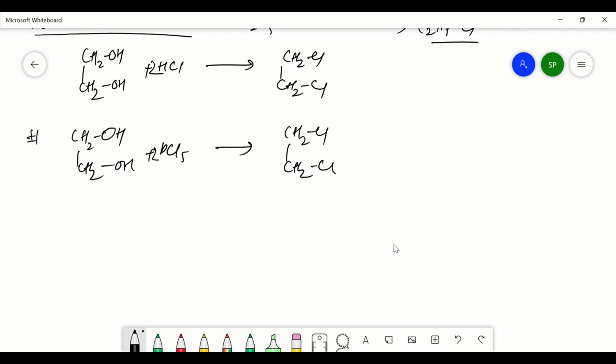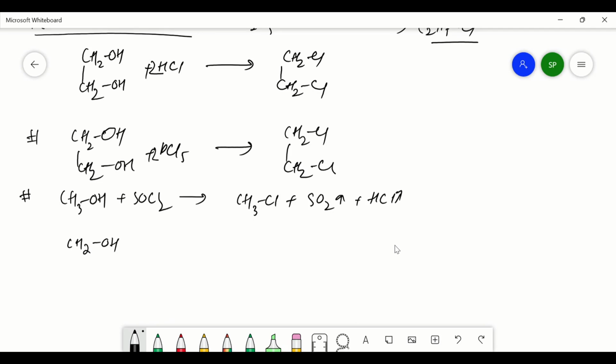Like if we see the reaction with thionyl chloride, SOCl2. If we consider a monohydric alcohol like CH3OH reacting with SOCl2, this will certainly produce CH3Cl plus SO2 gas plus HCl gas. But in the case of diol, this does not take place. So we consider CH2OH single bond CH2OH reacting with SOCl2.